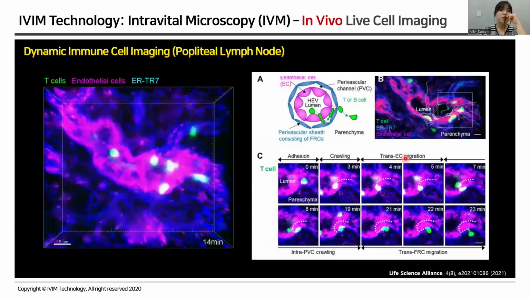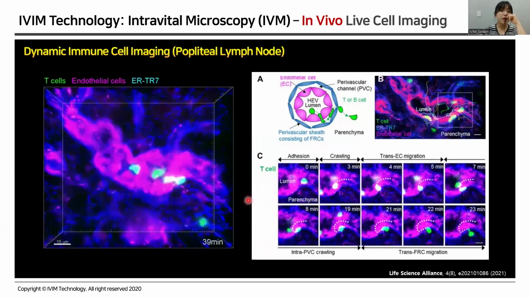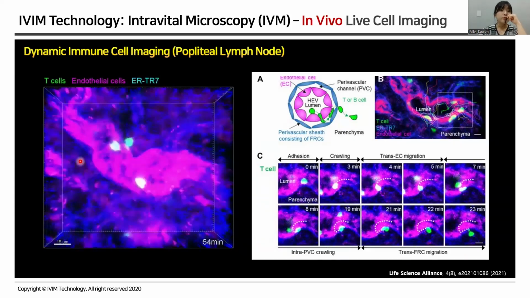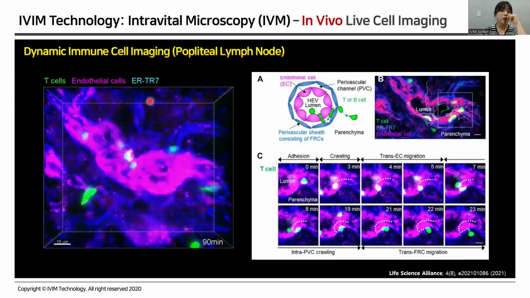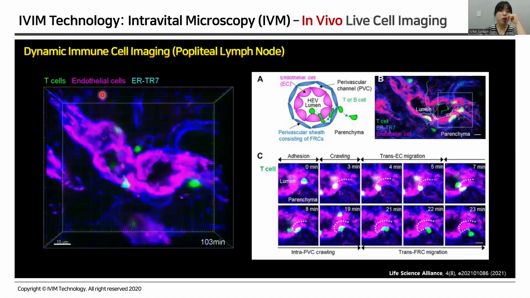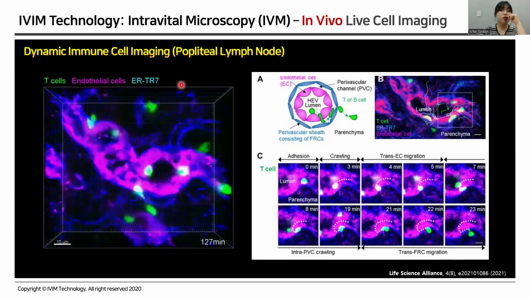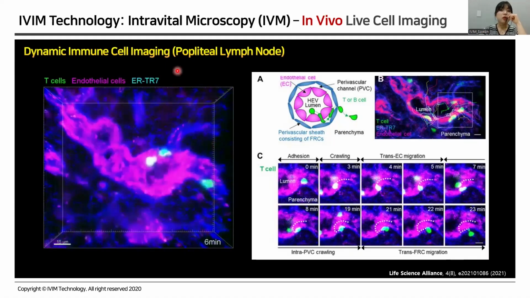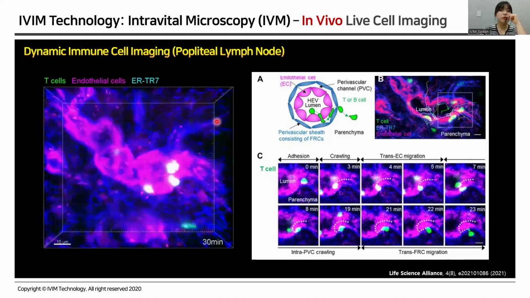To better capture the full migration process, we used GFP expressing T cells, which is in green color, and labeled vascular endothelial cells with CD31, which is in red, and fibroblastic reticular cells, or FRCs, with ERTR7 antibodies, which you can see in blue color.